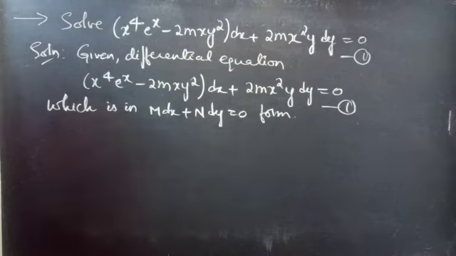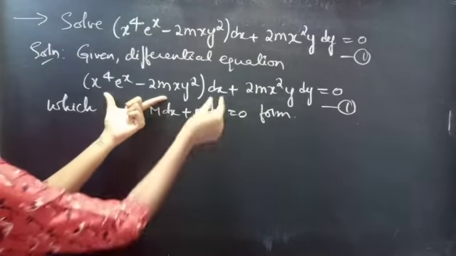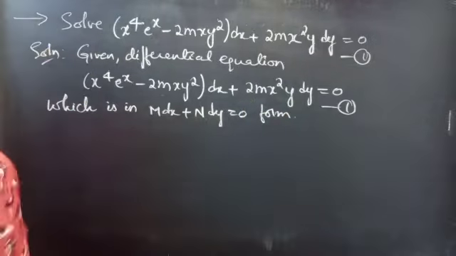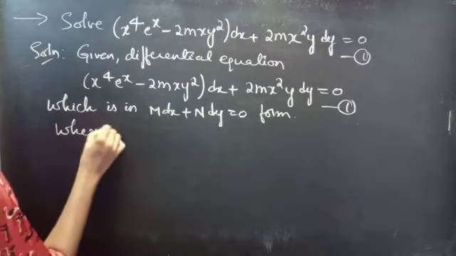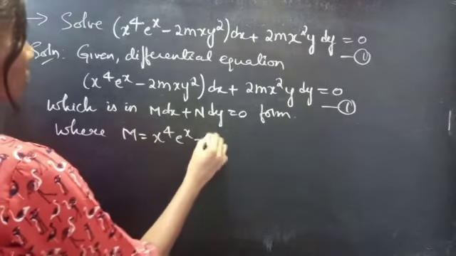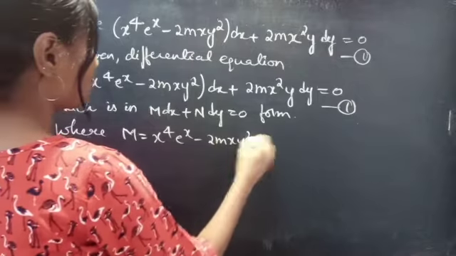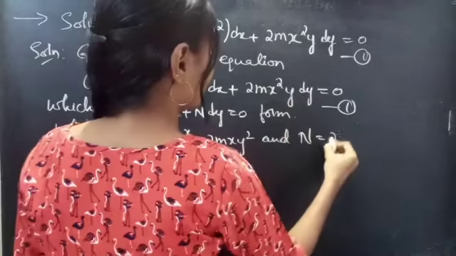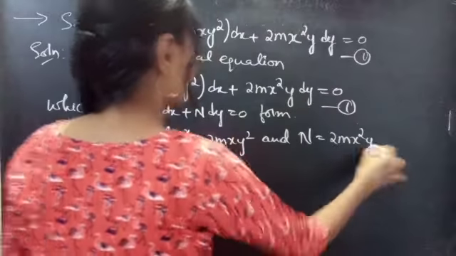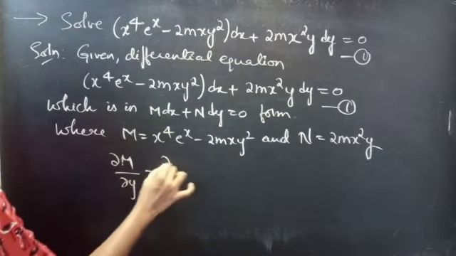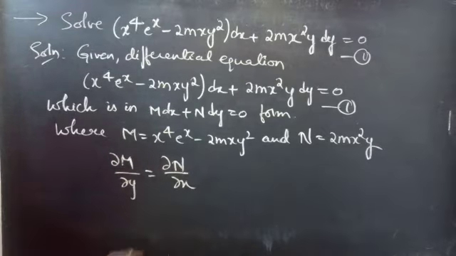By comparing these two, we get M and N. The coefficient of differential dx is M and the coefficient of differential dy is N. Where M = x⁴eˣ − 2mxy² and N = 2mx²y. If the partial derivative of M with respect to y equals the partial derivative of N with respect to x, then we can say that the given differential equation is an exact equation.